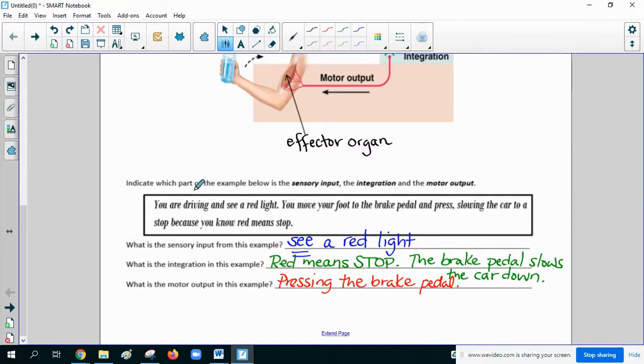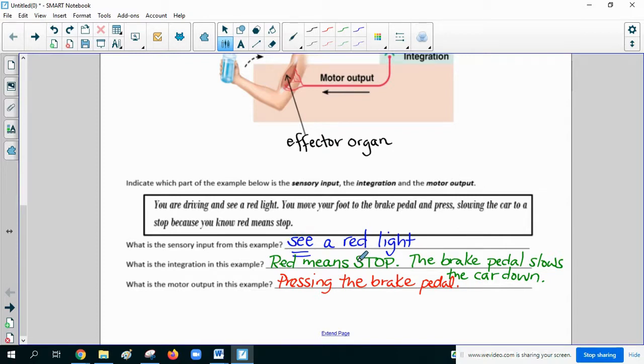Sometimes this is hard for students to dissect an example like this so specifically, because you don't even realize it's happening. It's a conditioned response. Once you learn how to drive, you don't even really think about pressing on the brake pedal anymore. You see the red light, you don't even notice that you're seeing it. It's not just a conscious thought you're having.